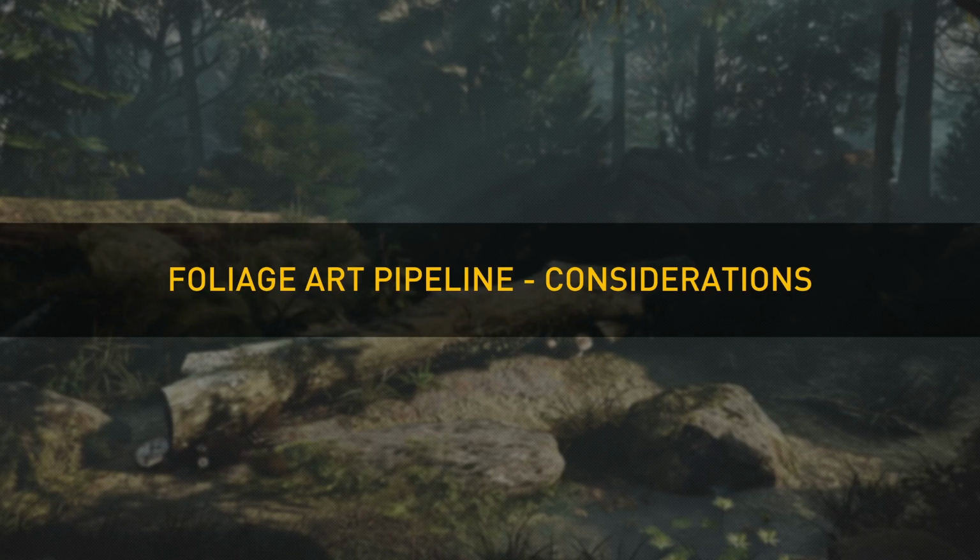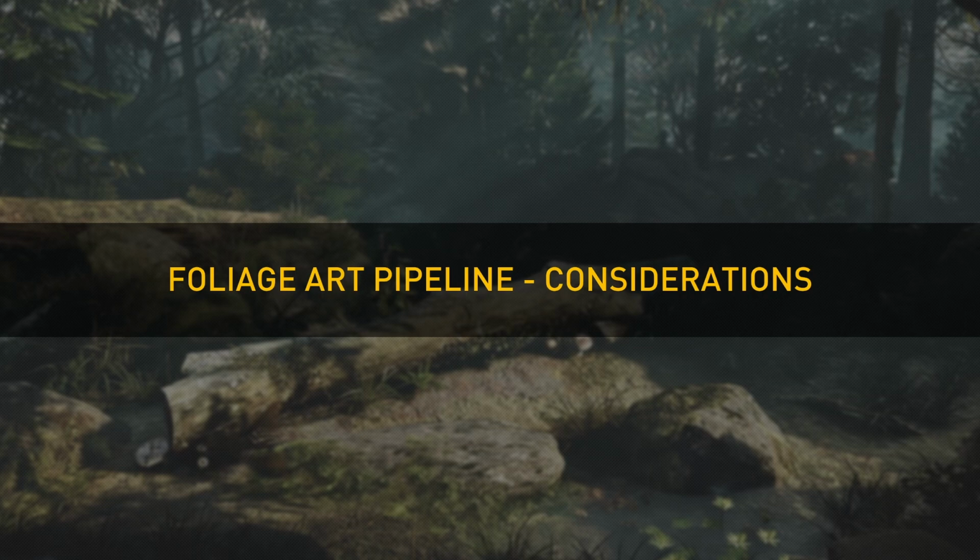So before we get started with any practical bits in the Foliage Art pipeline, I wanted to get to some considerations, I call it. So this is the big theory part of this presentation, and I find it quite valuable to bring this information across, because I think this is exactly the value on top that I can hopefully add in comparison to generic YouTube tutorials that will talk about how to create stuff in Substance Designer, how to make trees in Speedtree.